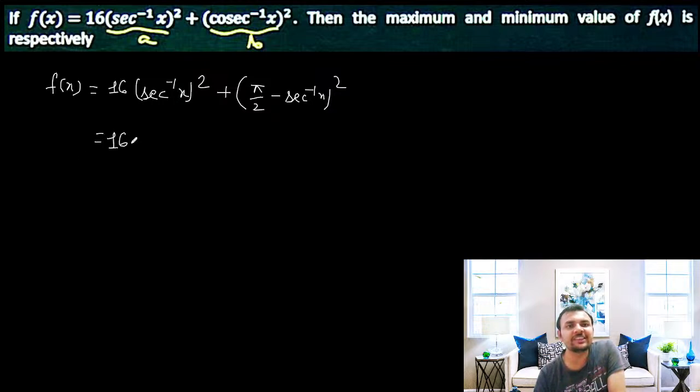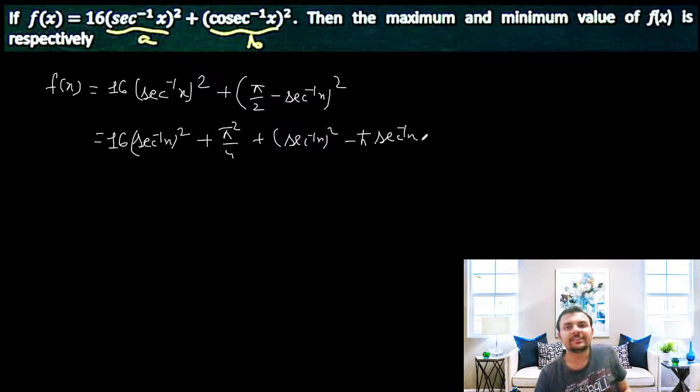This is 16 (sec inverse x)^2 plus pi square by 4 plus (sec inverse x)^2 minus pi sec inverse x. So we got pi square by 4 normally, and now we have 17 (sec inverse x)^2 minus pi sec inverse x.